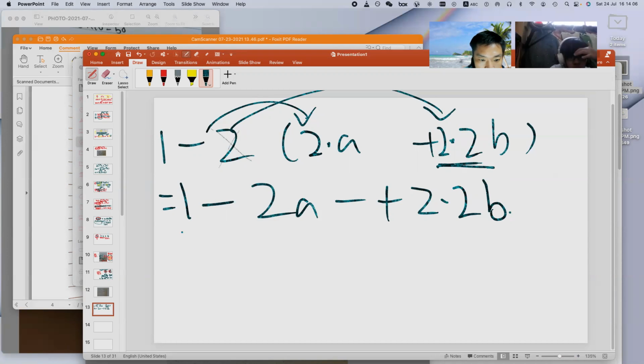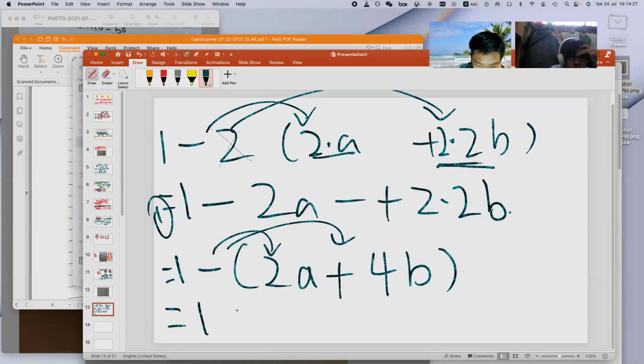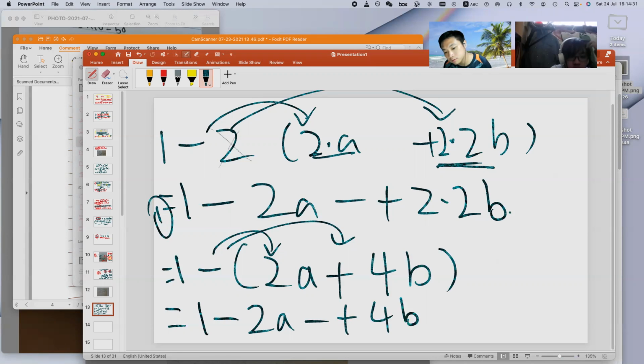Let me show you another way. So this is one way. Let me simplify first. So this one, I got 2a plus 2 times 2, 4. Then I go and open the bracket. Can I ask you which one is more neat and easier? Simplify open bracket or open bracket simplify?